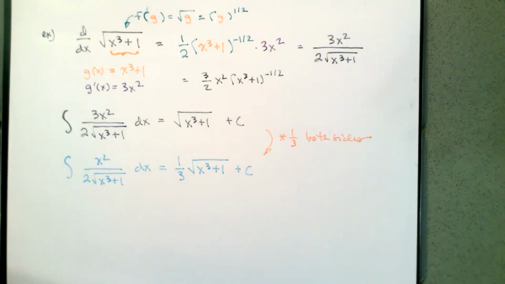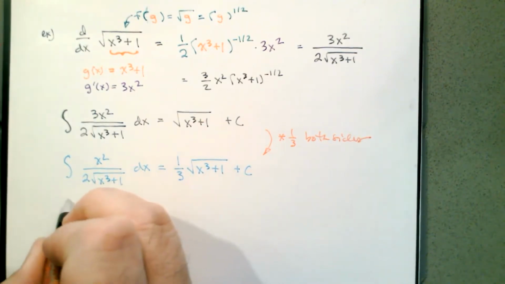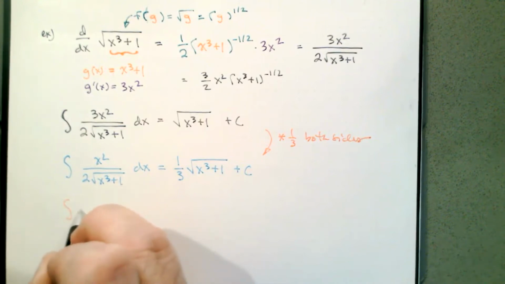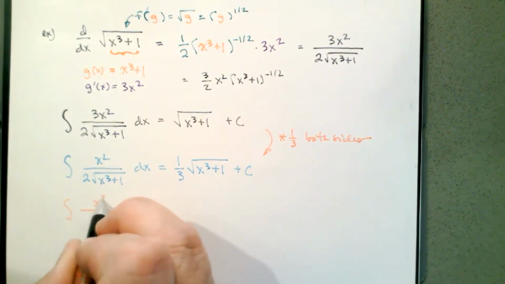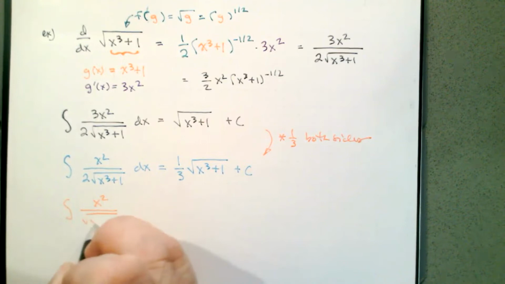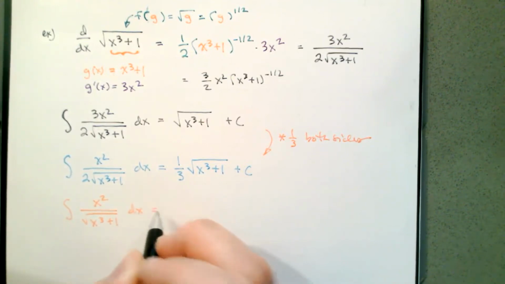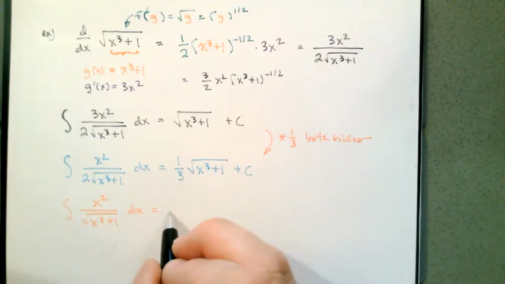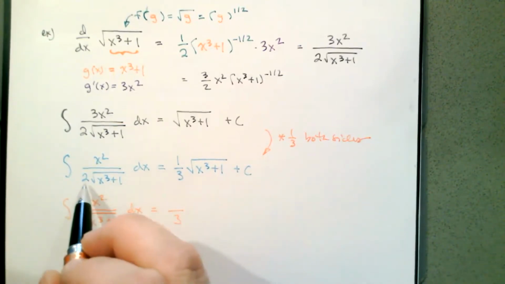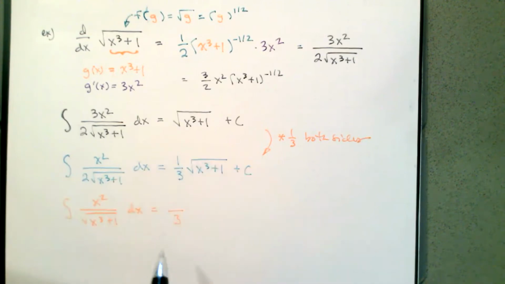If the 2 isn't there, let's put another layer on. If there's no 2 in the denominator, 2 is still just a constant factor. If we're integrating x squared over the square root of x cubed plus 1 dx, then we're missing the 3, so we'll have a 1/3, and we're missing a 2 in the denominator. It's like multiplying the first one by 2.